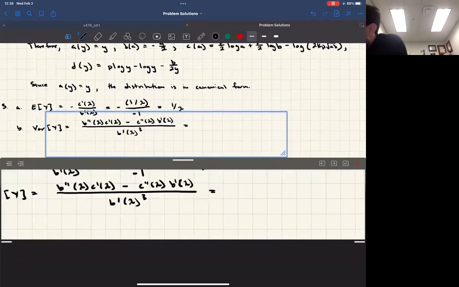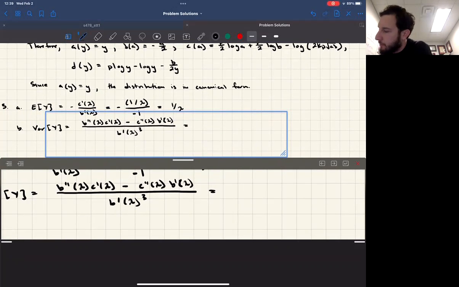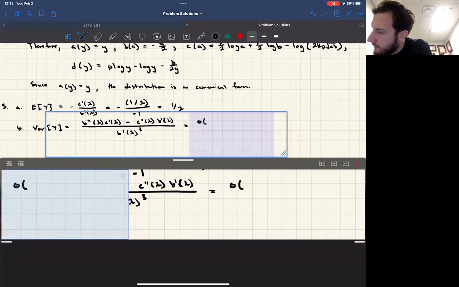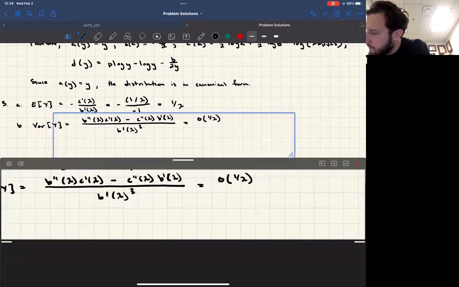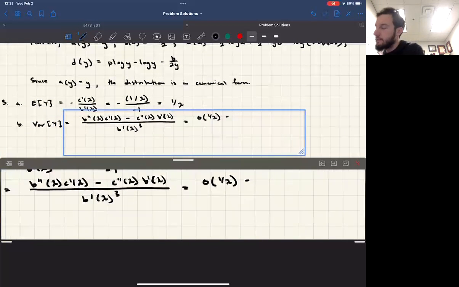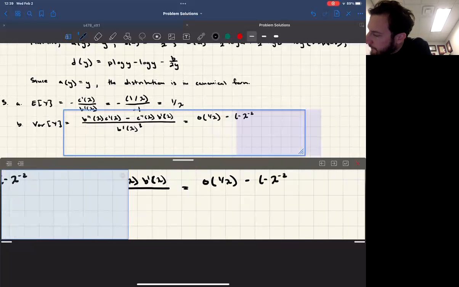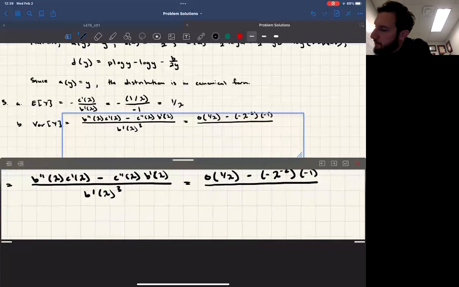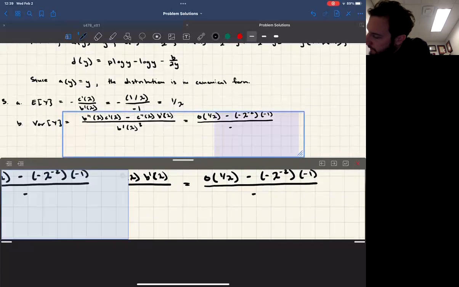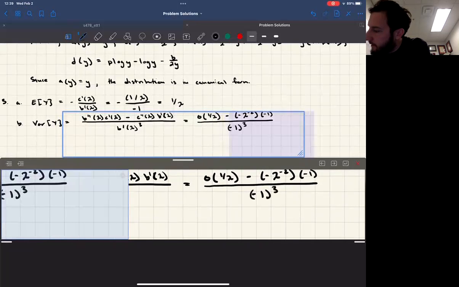So b double prime lambda is going to be 0. So this first part is going to be 0 times c prime lambda, which is 1 over lambda. And then c double prime lambda is going to be negative lambda to the negative 2, times b prime lambda, which is negative 1. And then this is divided by b prime lambda cubed, so that's negative 1 cubed.